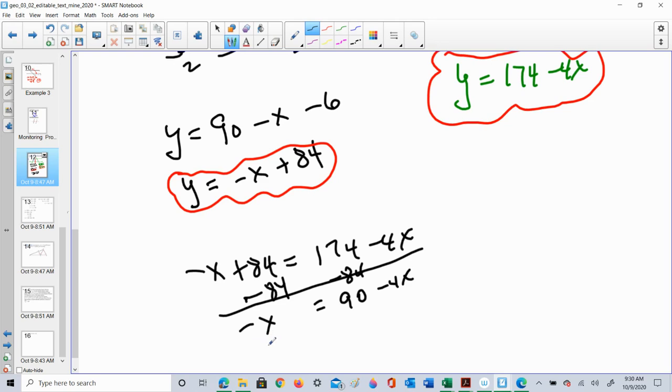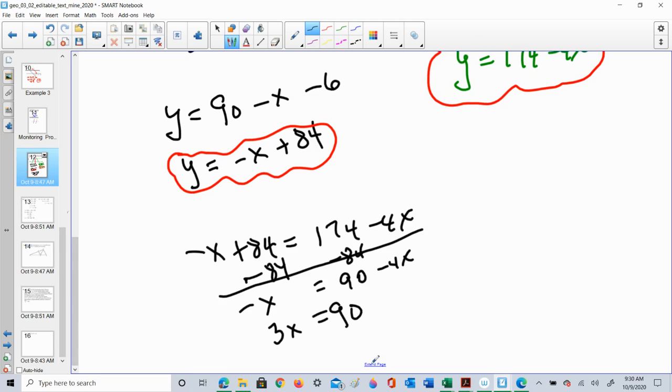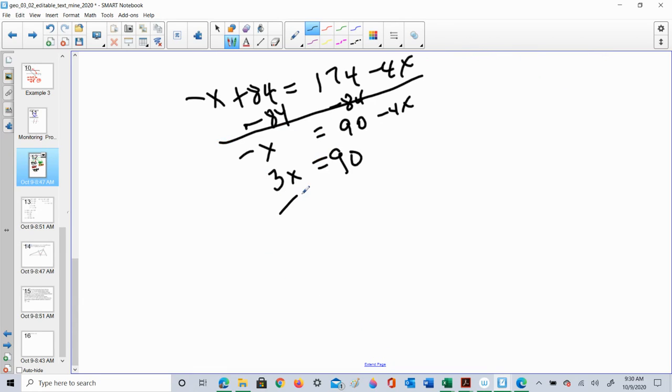Add 4x, 3x equals 90. Divide by 3, x equals 30.